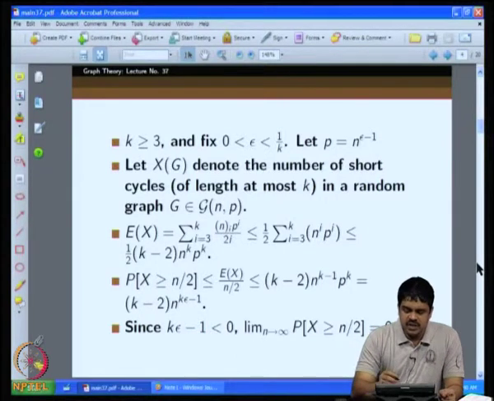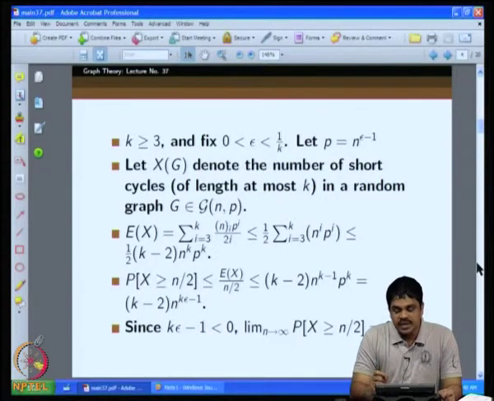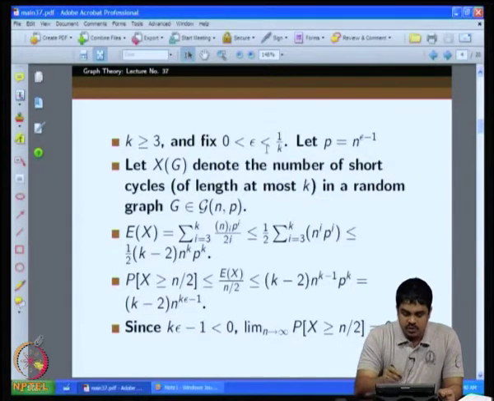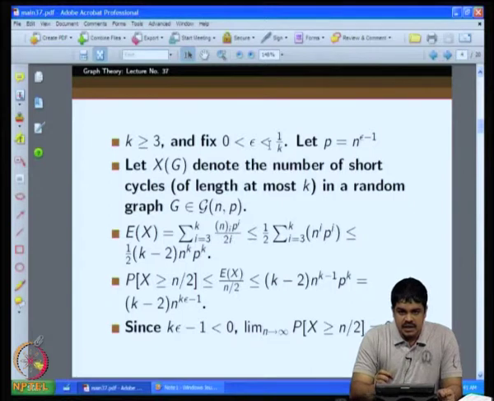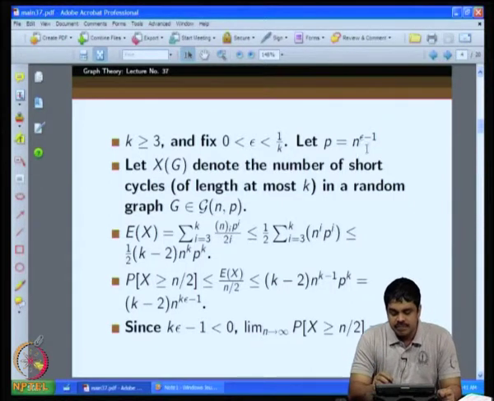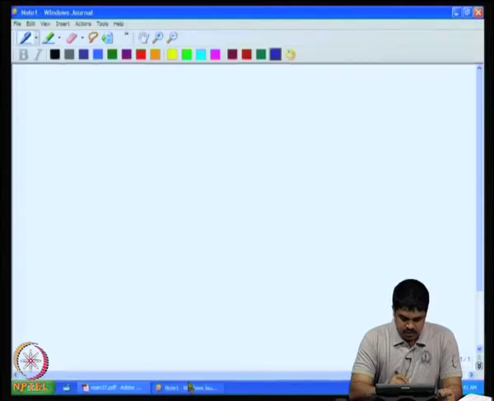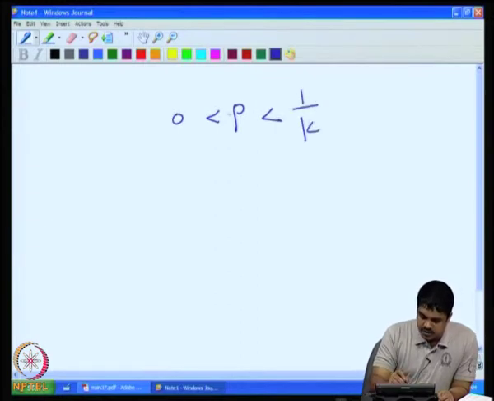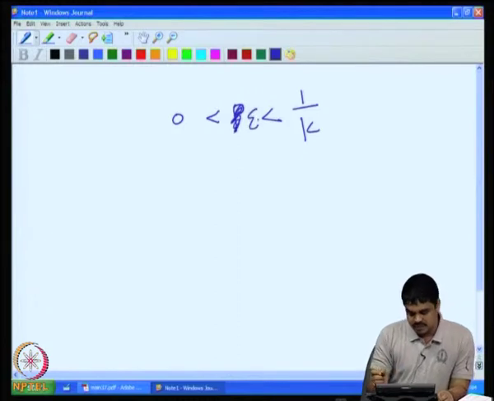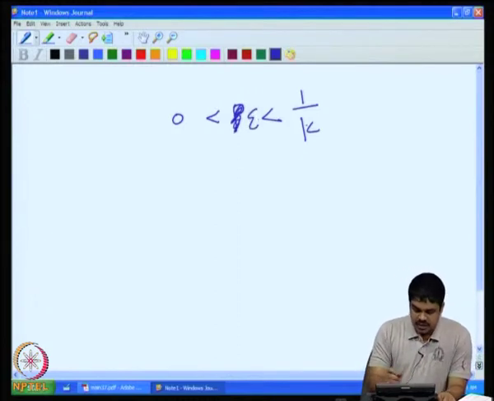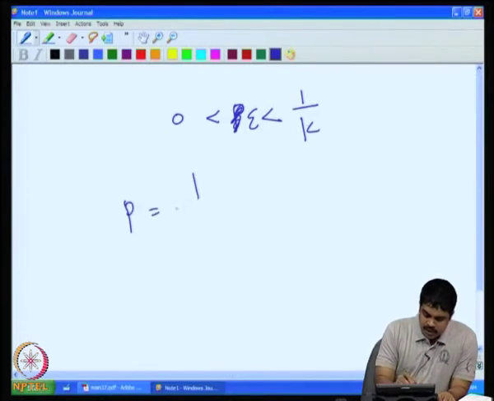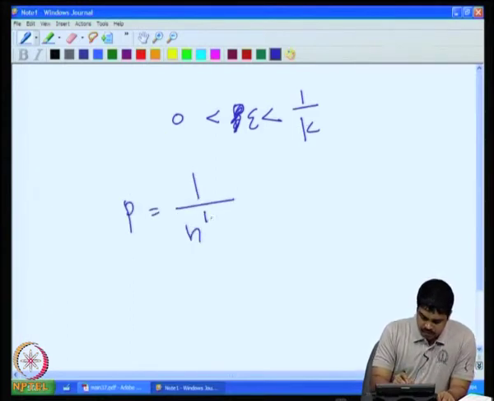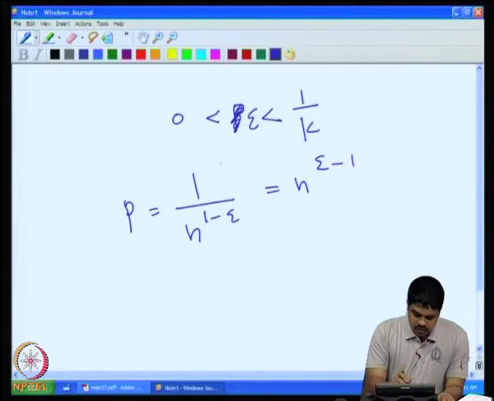So, what we do is we fix an epsilon in between 0 and 1 by k, and then we will fix the probability to be p equal to n raised to epsilon minus 1, that is, 1 by n raised to 1 minus epsilon. So, this is the value.